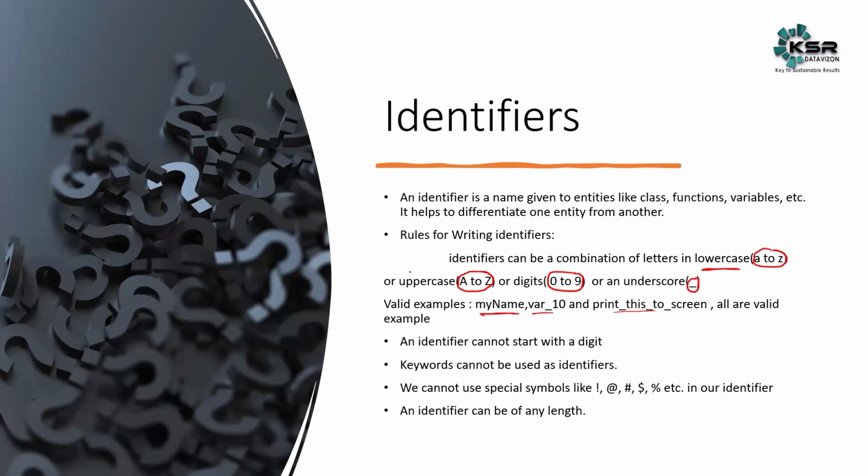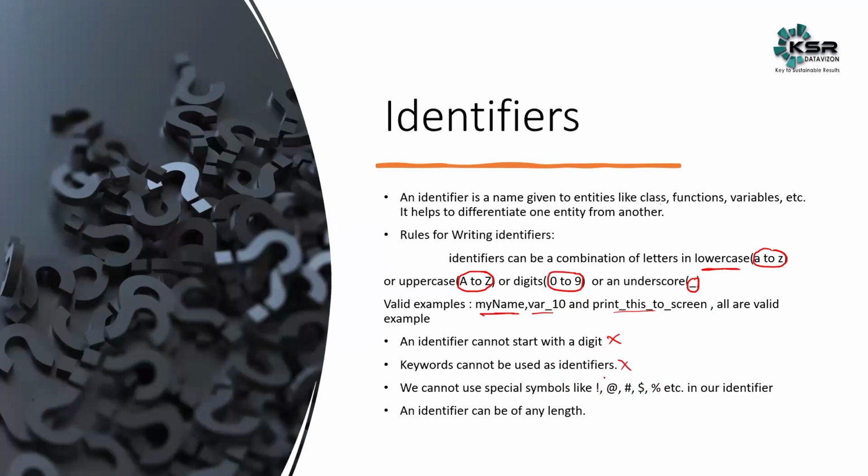When you write an identifier, you cannot start with a digit. Keywords, whatever keywords we discussed in the last slide, cannot be used as an identifier. Except underscore, we cannot use any other special character such as exclamation mark, at the rate, hash, dollar symbol, percentage.